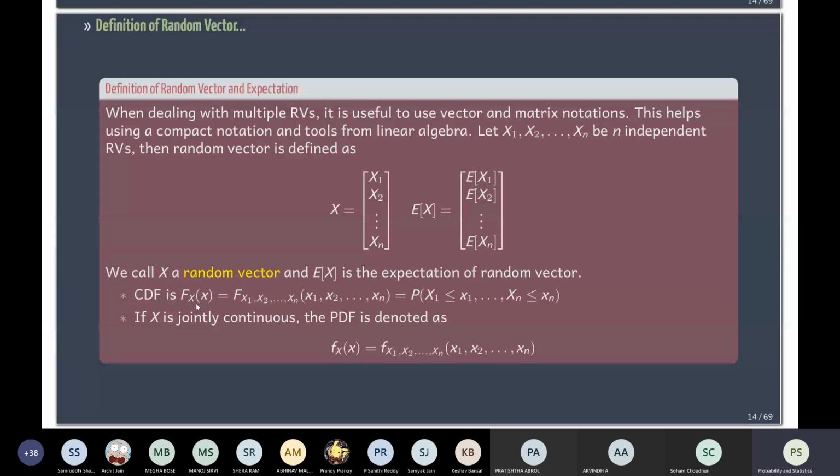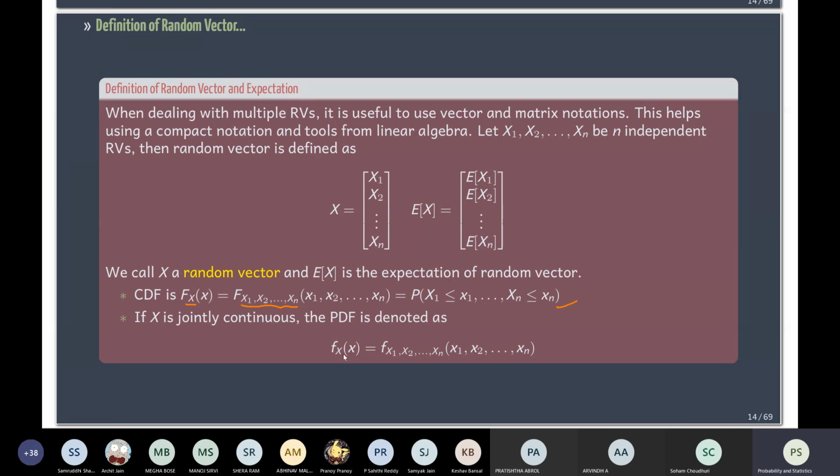The CDF can again be defined like this for the random vector, because I treat this as a collection of n random variables. So I can use a shorthand notation x instead of writing the long notation x1 to xn. This is now a vector x with components x1 to xn, which are n random variables. So it's the usual definition here.